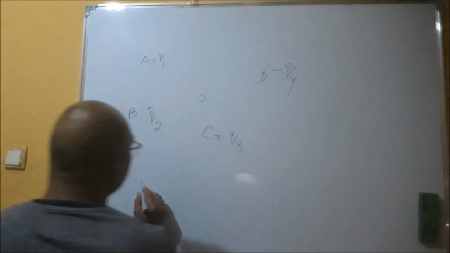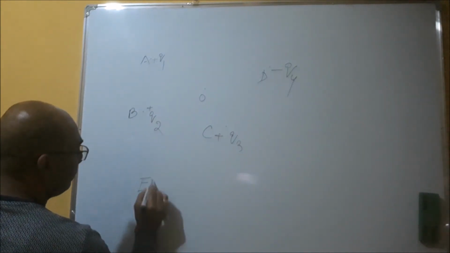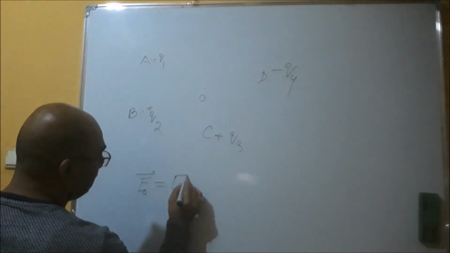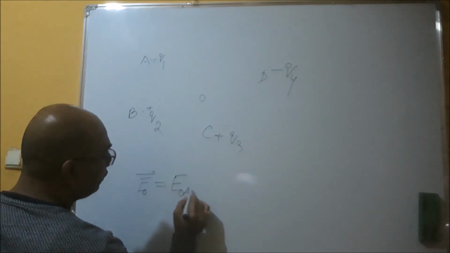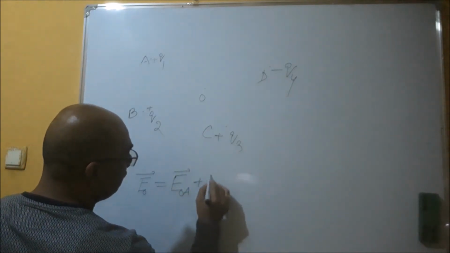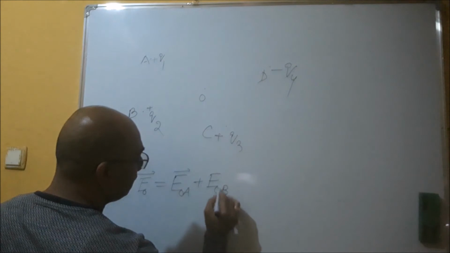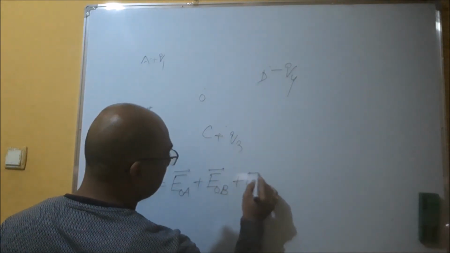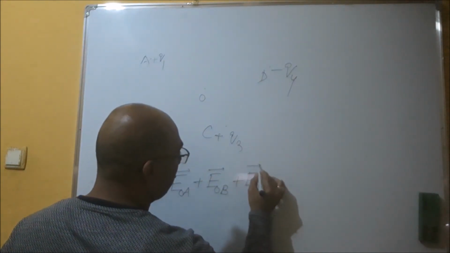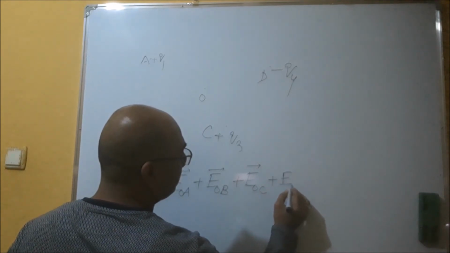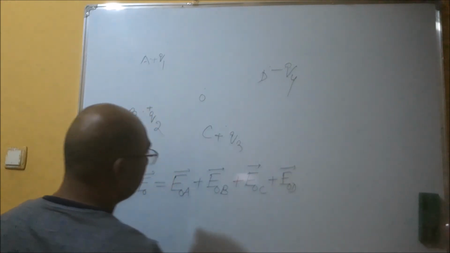The electric field intensity at O will be the electric field intensity at O due to A, due to B, due to C, and due to D.